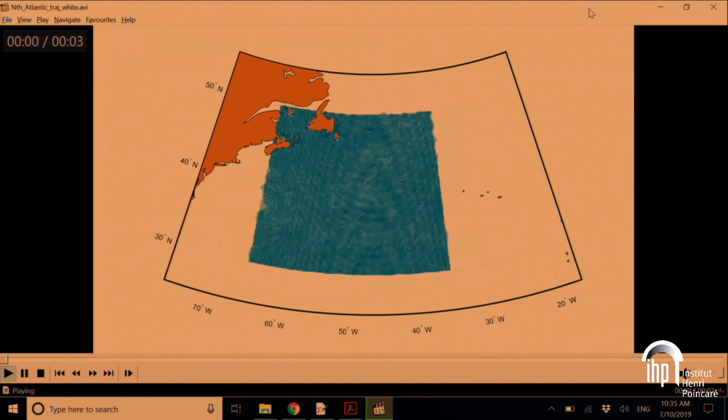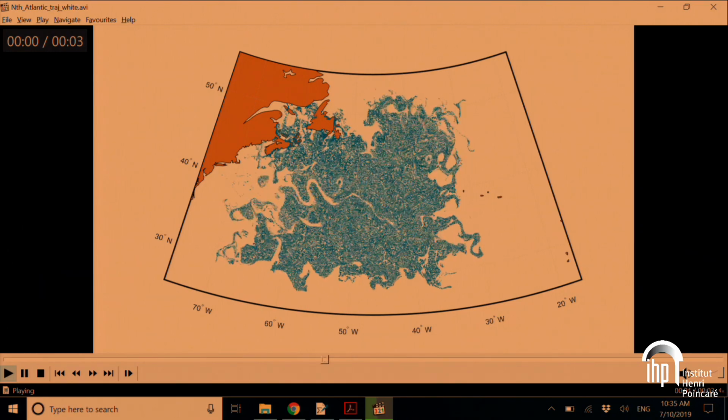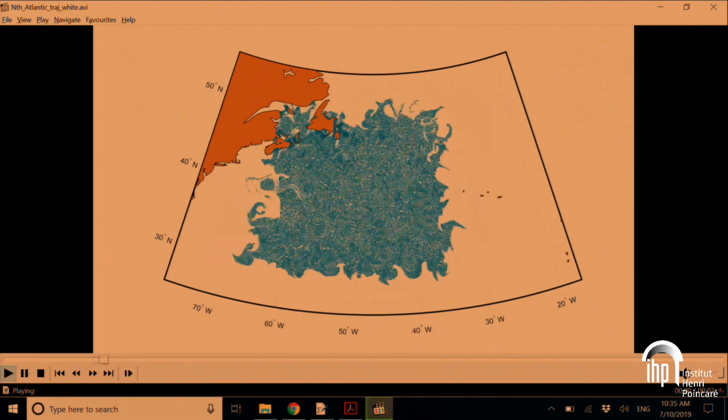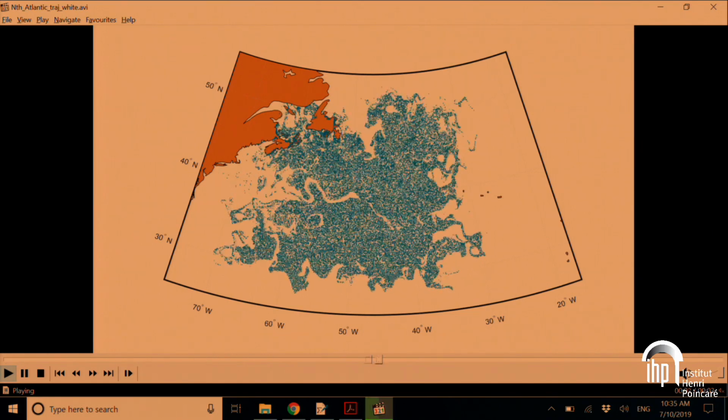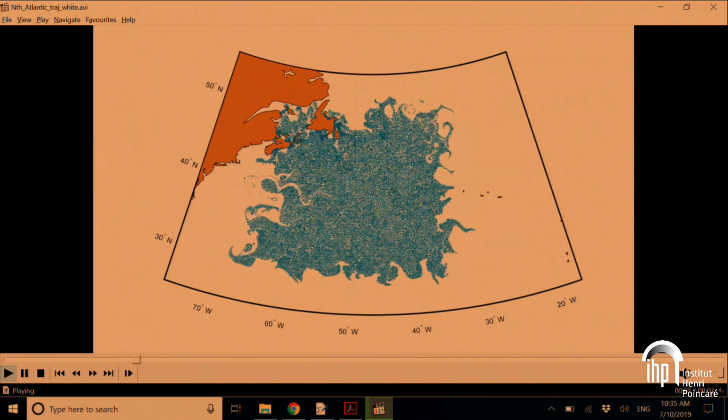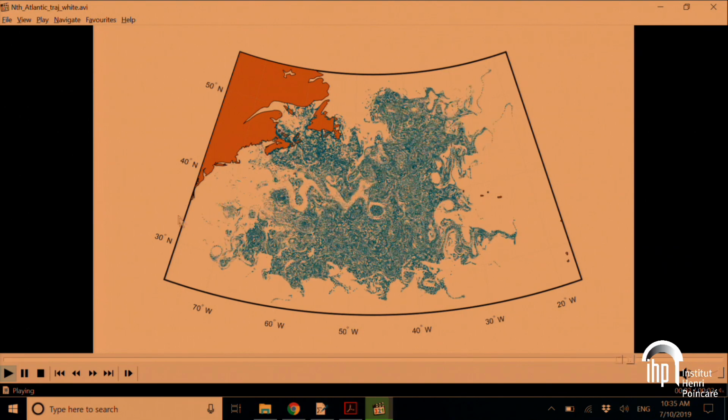That's the original set of points. This is New York, this is Nova Scotia, and then you run. We want to find eddies or other coherent features in this flow over this 90-day flow period.